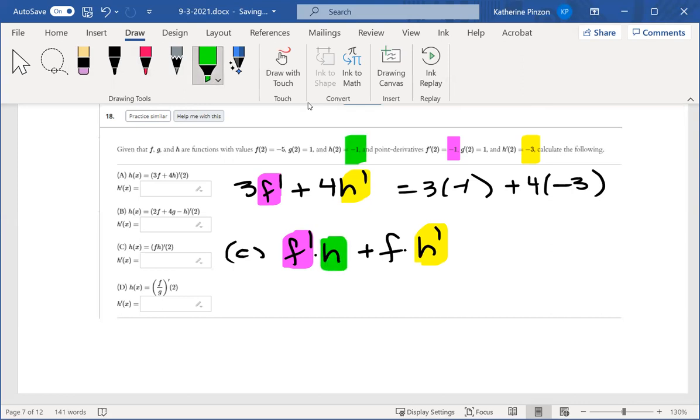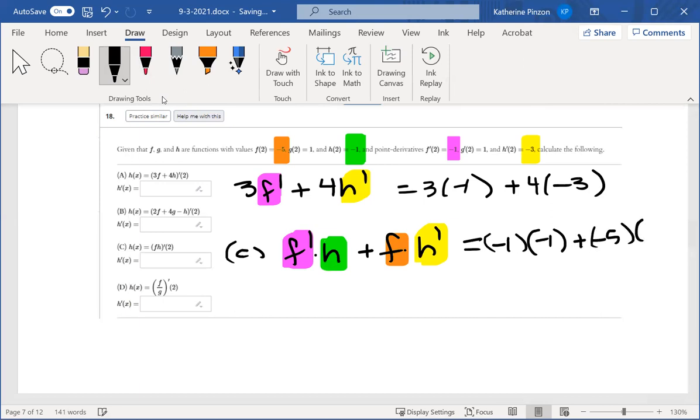That was the green one. And I need f. That was the orange one. So I'm going to say f prime -1 times h -1 plus f -5 times h prime -3.